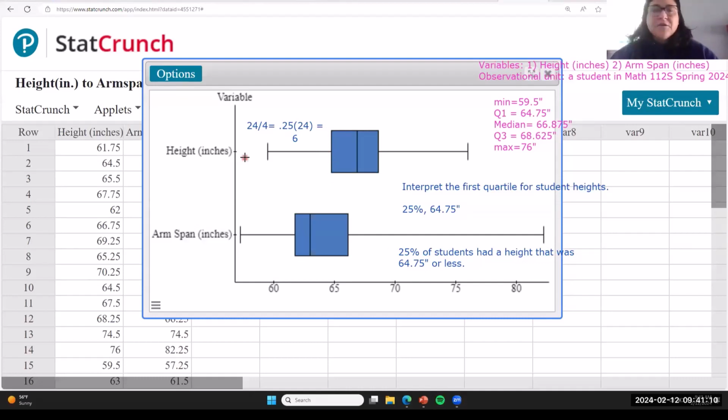Okay. So go ahead and chat in the chat. Just make sure you're only chatting to me. In the chat, instead of it saying everyone, just say A. Conley, I think is me. I'm going to type the first thing: interpret the third quartile for heights.